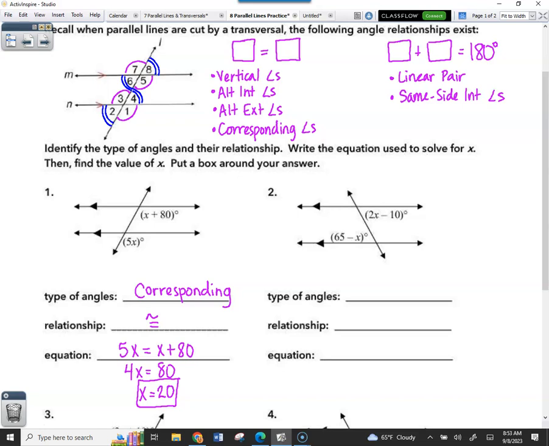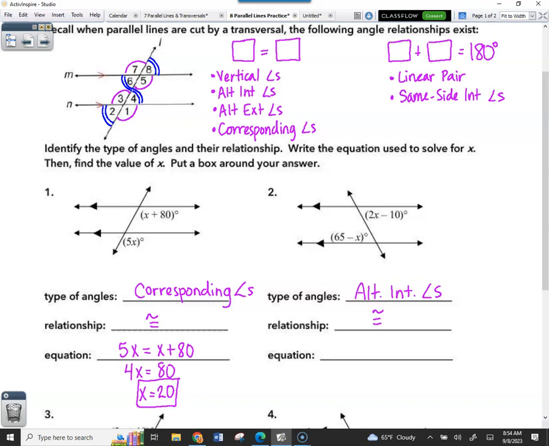So what type of angles do we have in 2? We have alternate interior. You can abbreviate it like this. Alt-int. Are alternate interior angles congruent or supplementary? They're congruent.